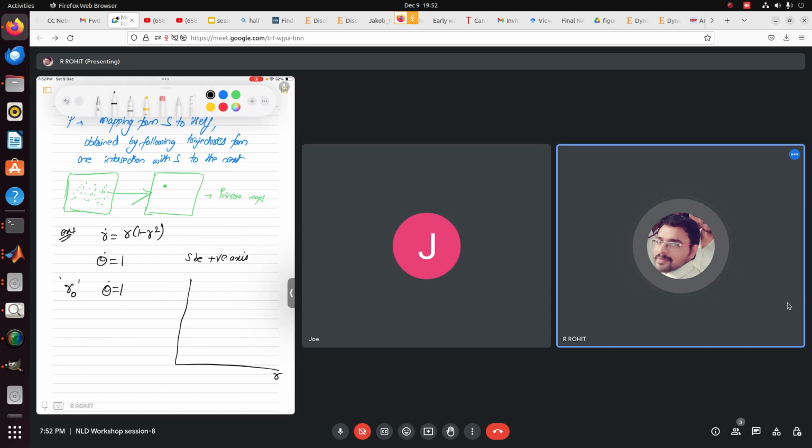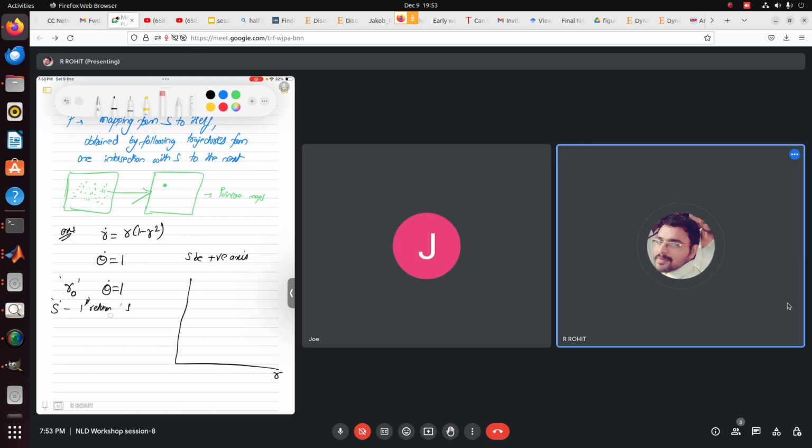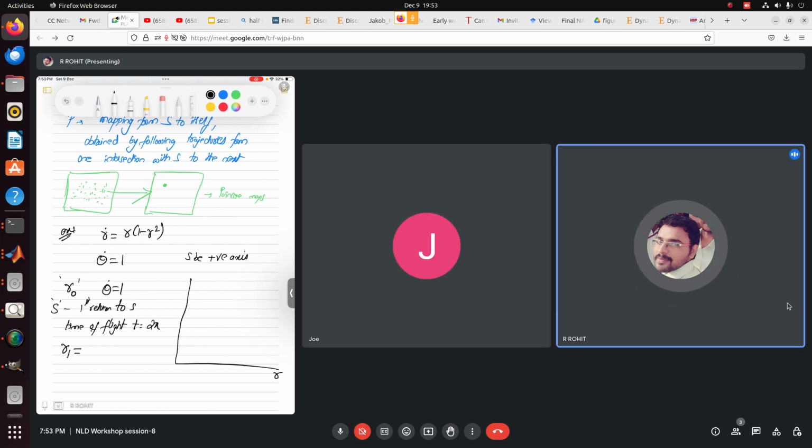Then the first return to S happens after a time of flight T equal to 2 pi. Then r1, the next point, will be nothing but the Poincare map of r naught.